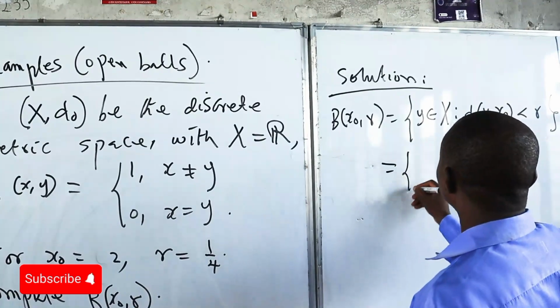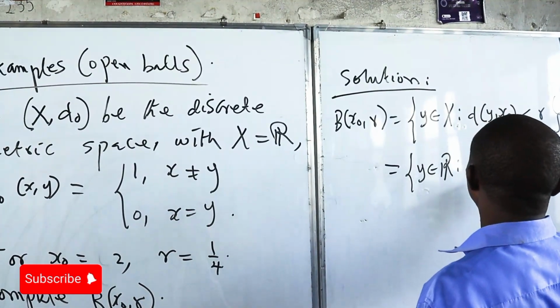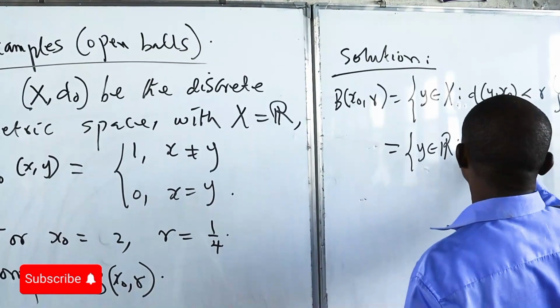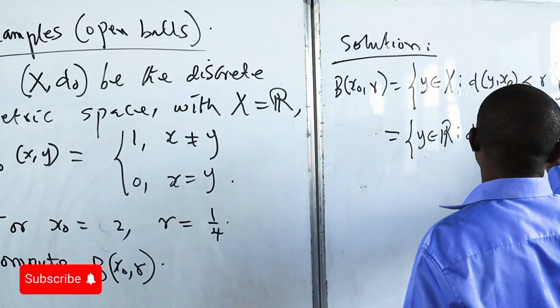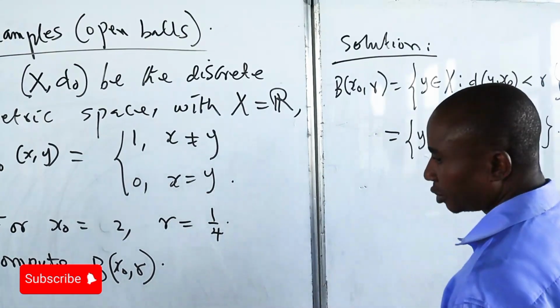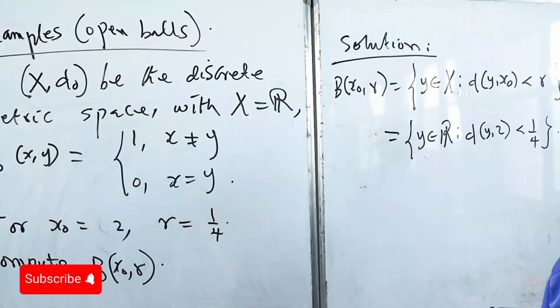And so this is the collection of all y in the set of real numbers such that the distance between y and our x naught, which is 2, is strictly less than 1/4. This is what we have, just by applying the definition.